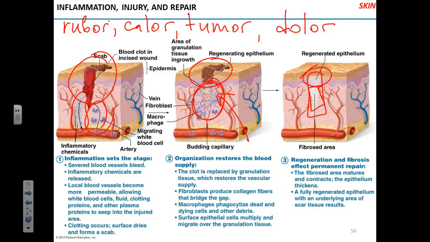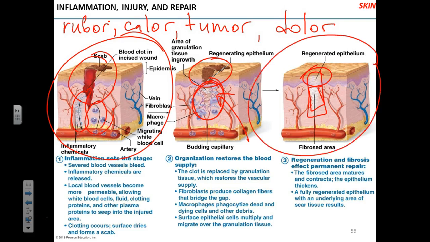However, if you think about it, this is inflammation. Inflammation is because of injury. And the result of inflammation, the ultimate outcome of inflammation, is the repair. Does that make sense?